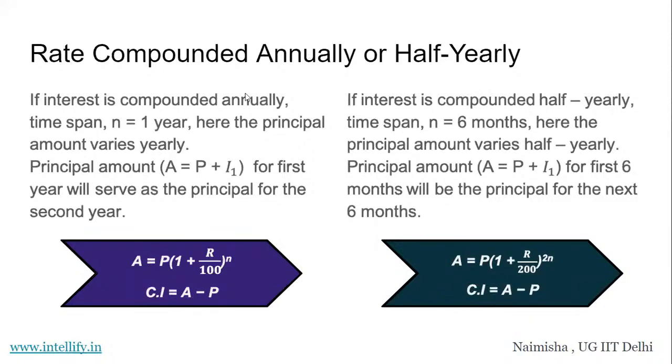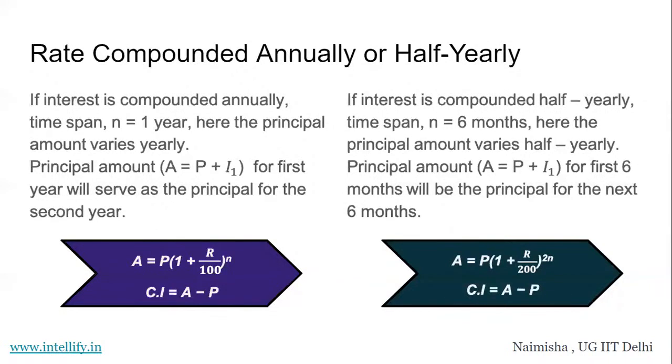Let's consider the rate compounded annually or half yearly. If interest is compounded annually, the time span is n equals 1 year in the previous formula, and the principal amount varies yearly.